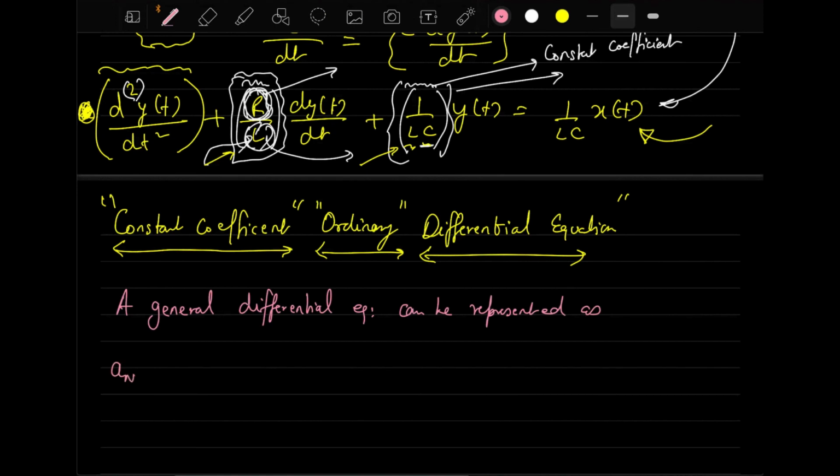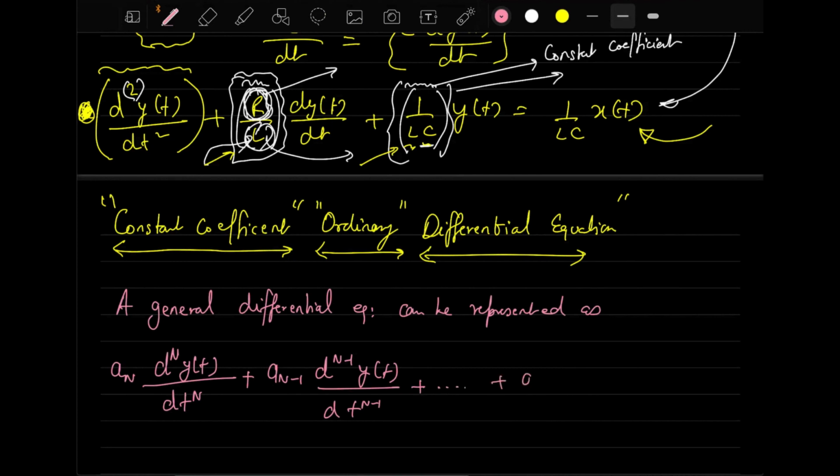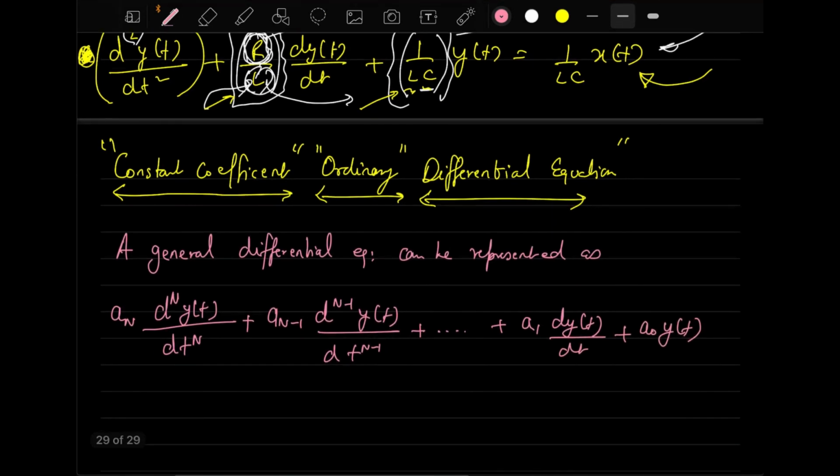an dn y(t) divided by dt^n plus an minus 1 d^(n-1) y(t) divided by dt^(n-1) plus ... a1 dy(t) divided by dt plus a0 y(t) equal to, then you have different coefficients here along with different orders.